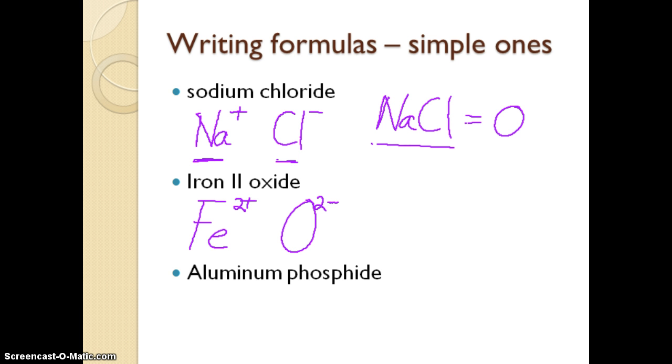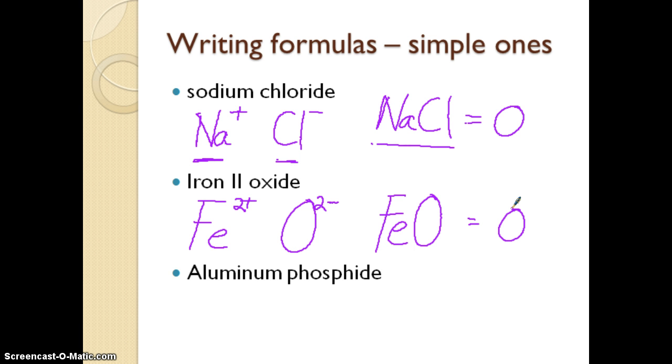Well, once again, they're a perfect match. Oxygen can take the electrons from iron, and so we need 1 iron and 1 oxygen. And there we have our formula. And if we add up the charges, 2 plus and 2 minus, equals a total of 0 total charge for this. So we're going great.